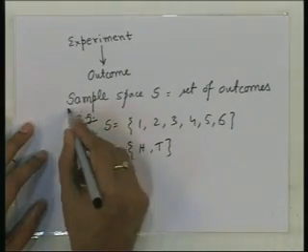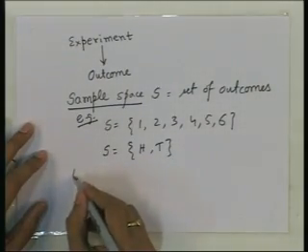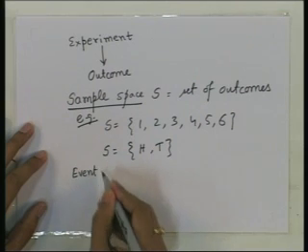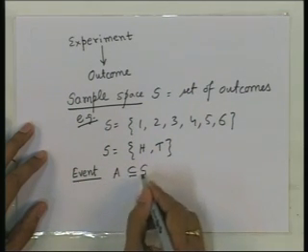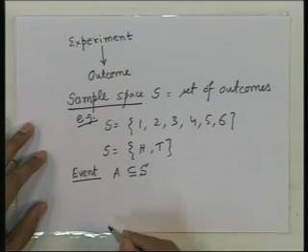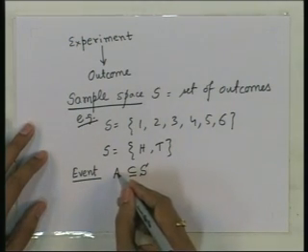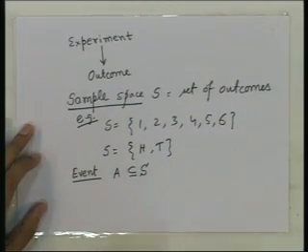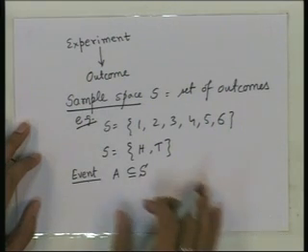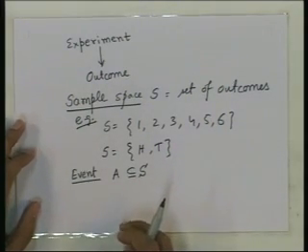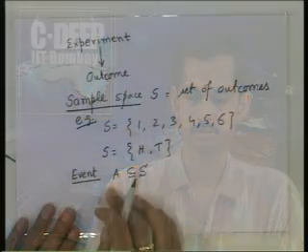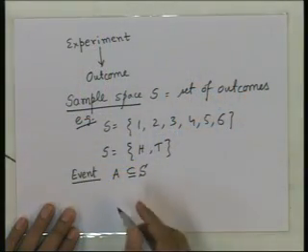An event, so this is the sample space, an event is simply a subset of S. In general, the definition is a little more complicated, there are some conditions to be satisfied, but we will not go into the details, and we will simply assume that these subsets that we consider are nice enough, and let us simply say that an event is a subset of the sample space.